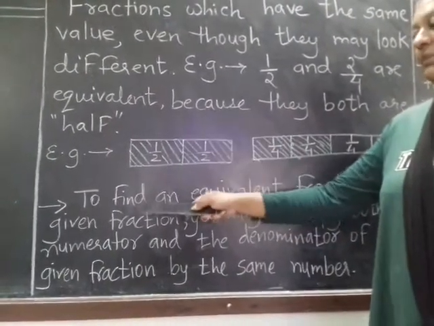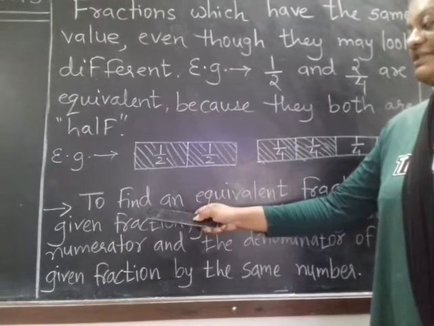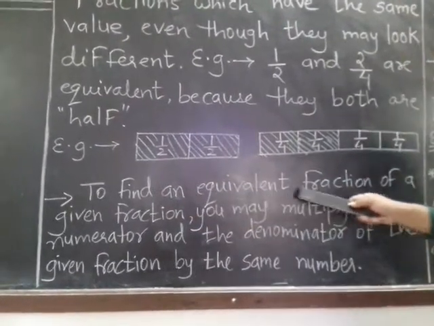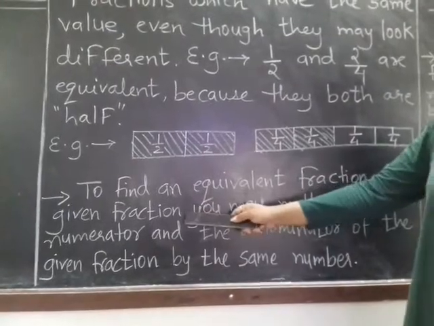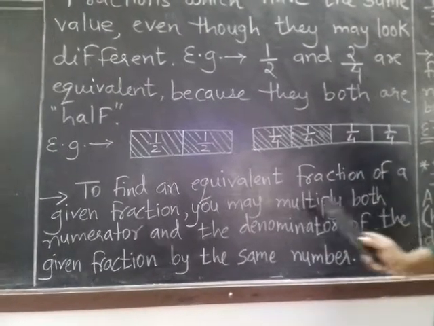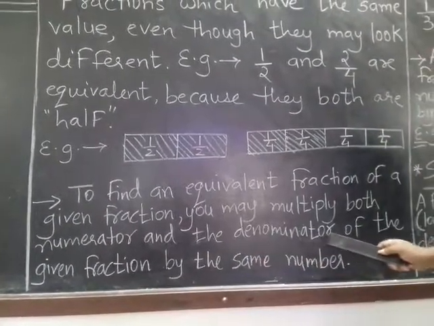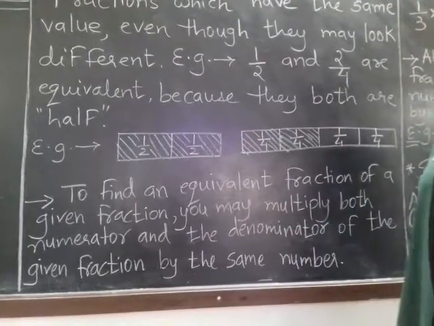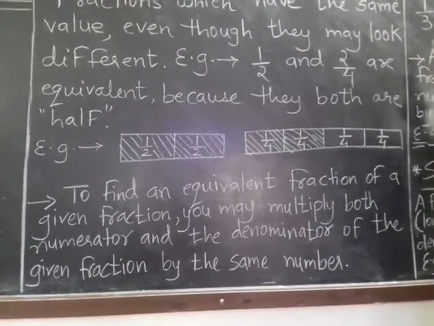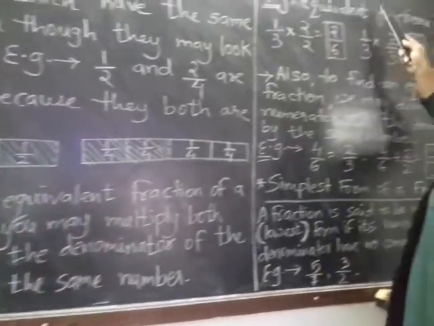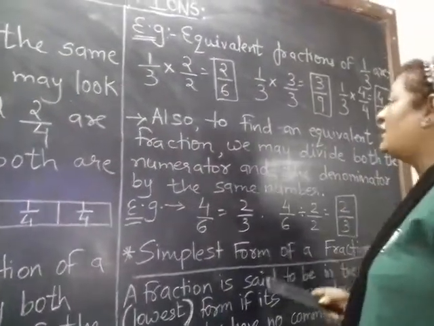Now, the second important part of equivalent fractions is to find equivalent fractions of a given fraction. You may multiply both the numerator and the denominator of the given fraction by the same number. For example, I have taken here, find equivalent fractions of 1 upon 3.